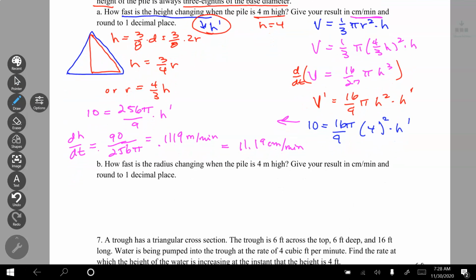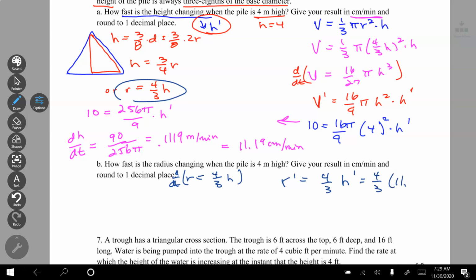Well, this is where it becomes pretty easy, because I have this equation right here. So r equals 4/3 h. So if I take the derivative, I got r prime is equal to 4/3 h prime, which is going to be 4/3 of the answer I just got.